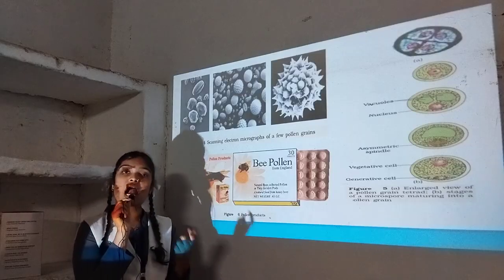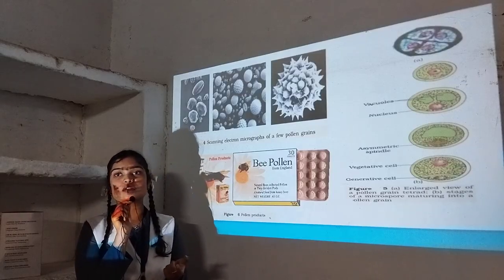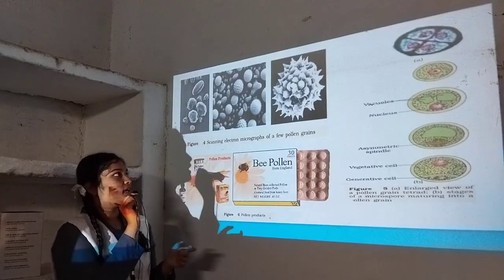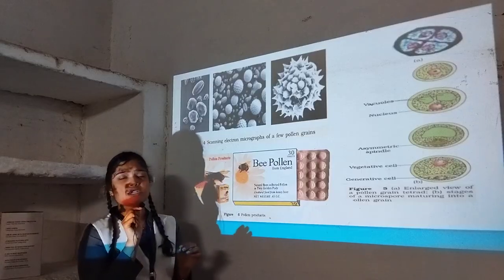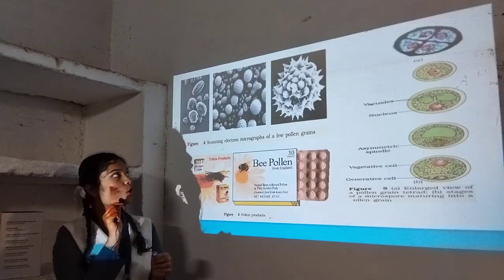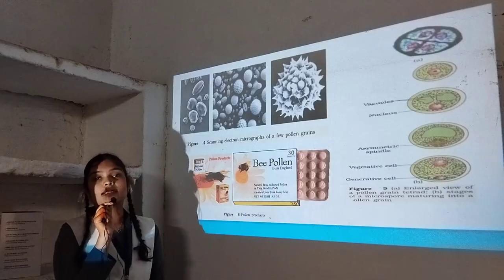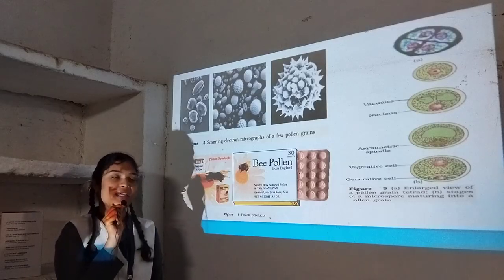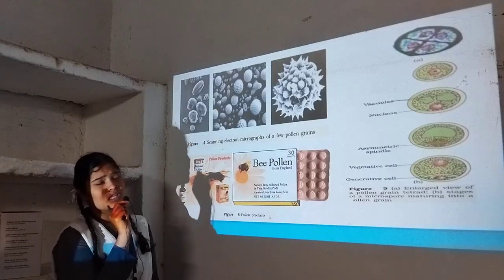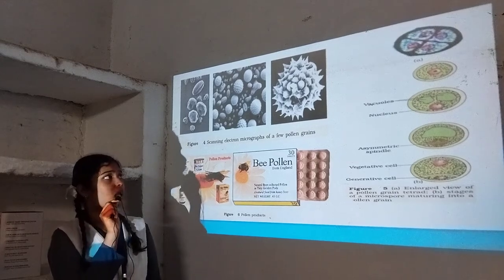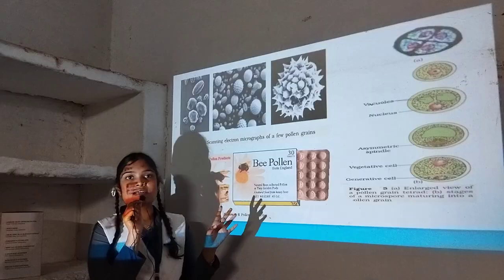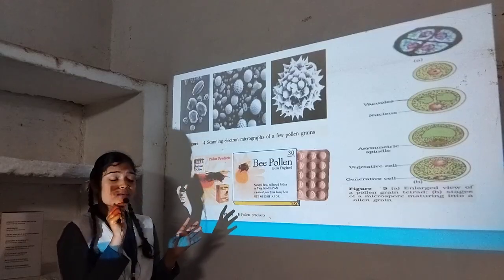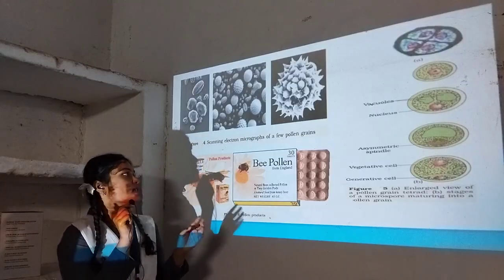Sporopollenin is the very hard resistant material present on the earth, and this material is not affected by any strongest alkali, any strongest acid, temperature or any pH, and because of this sporopollenin, the pollen grain can be kept as a preserved material in -196 degree Celsius.